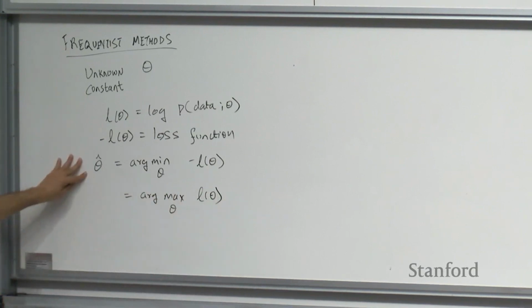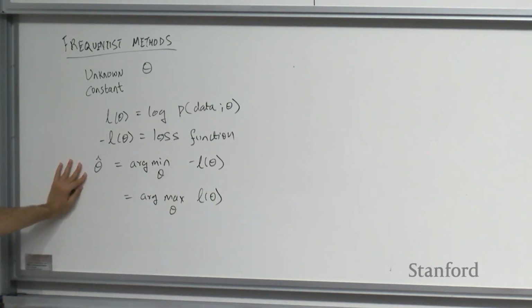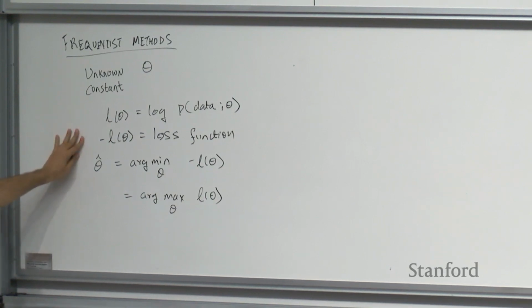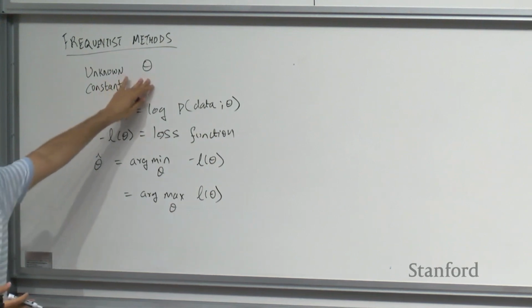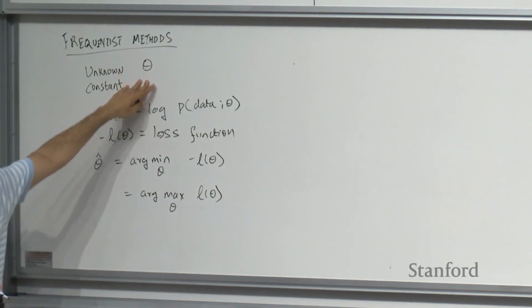So this is the maximum likelihood estimate of our parameters, and in order to do this, we implicitly assume that theta is some unknown constant, right?